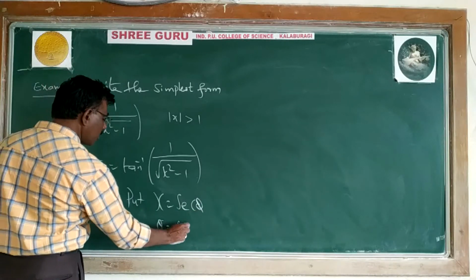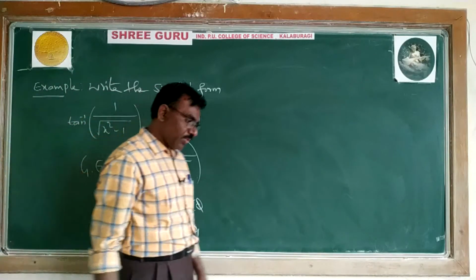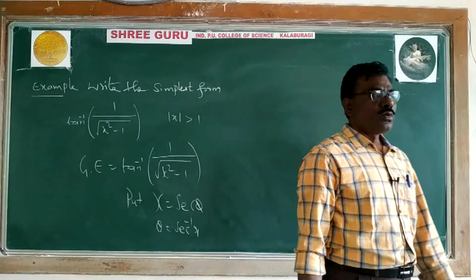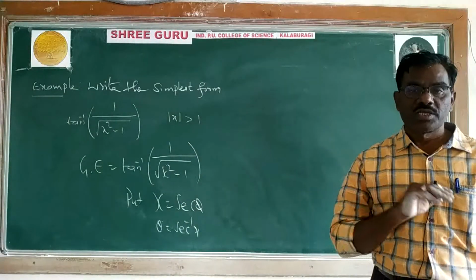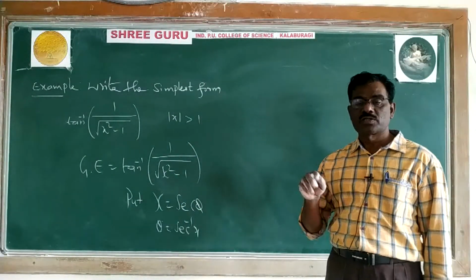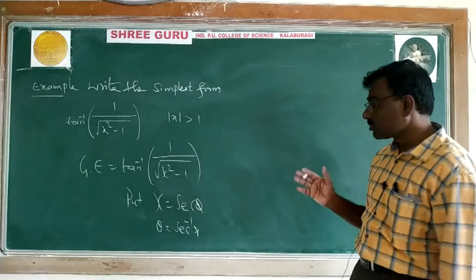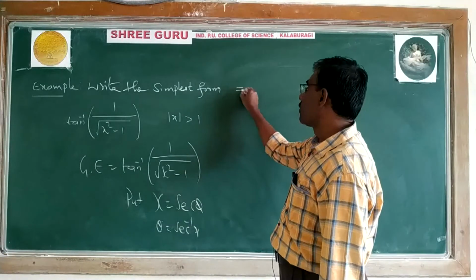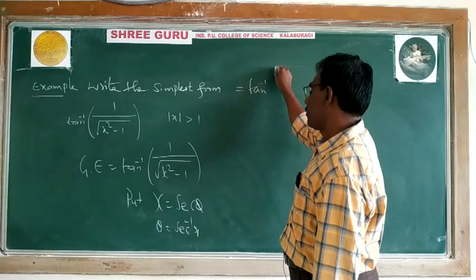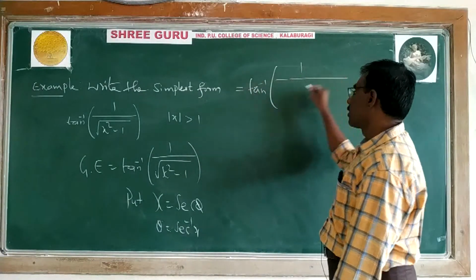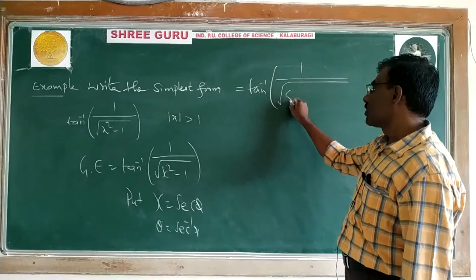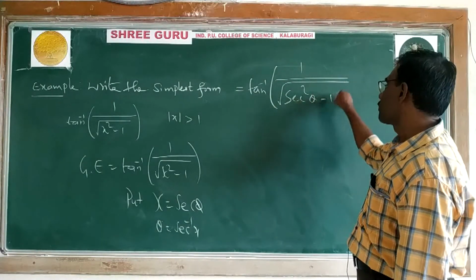What is the substitution? Root of x square minus 1 is always secant theta, root 1 plus x square is tan, root 1 minus x square is sin or cos. So it equals tan inverse of 1 by root of secant square theta minus 1.